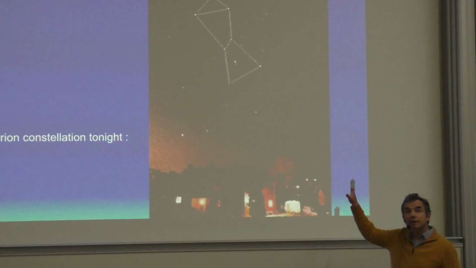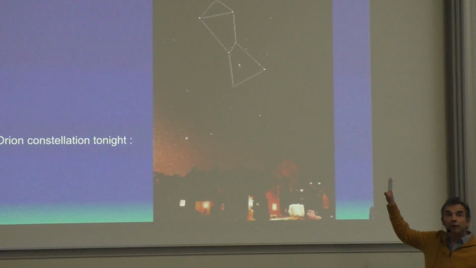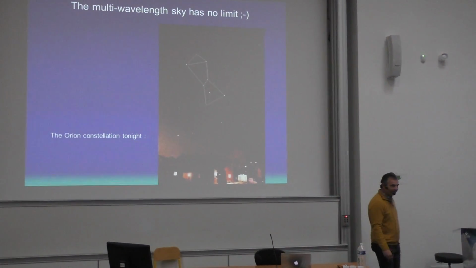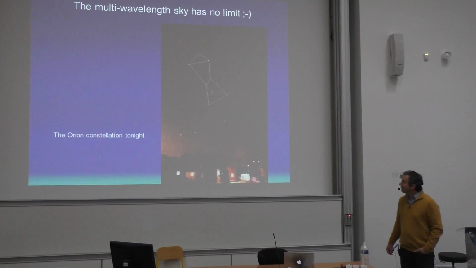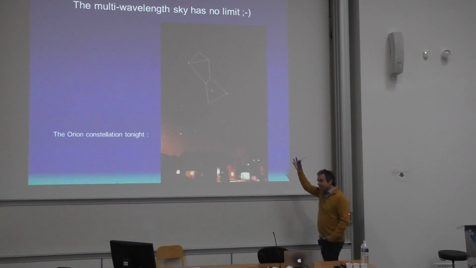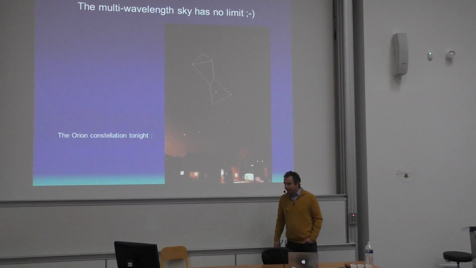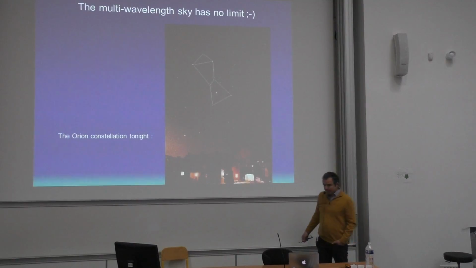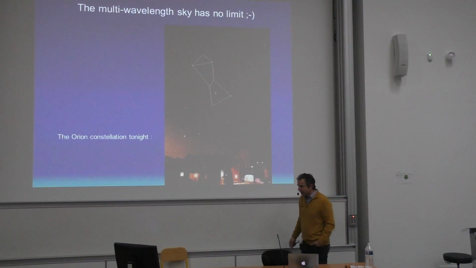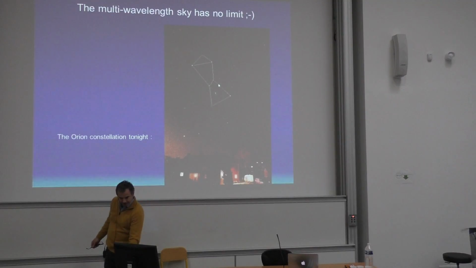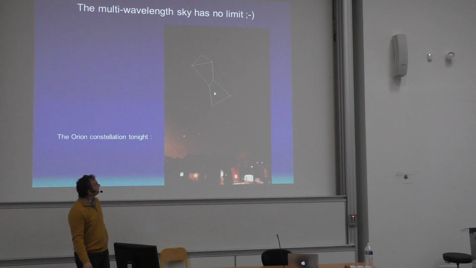It's a beautiful constellation, and I recommend you have a look at this very nice constellation on the dark sky, because there are new stars born there, and they are all born from this tiny nebula in the middle. Sorry, I don't have the laser here. Maybe I can try this. Yes. So here is the Orion Nebula.